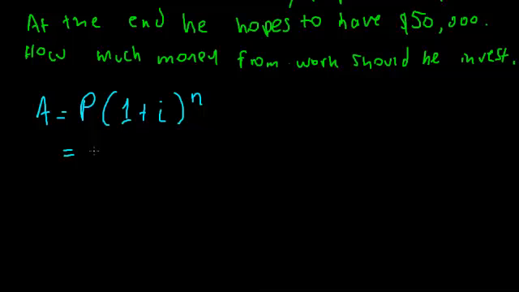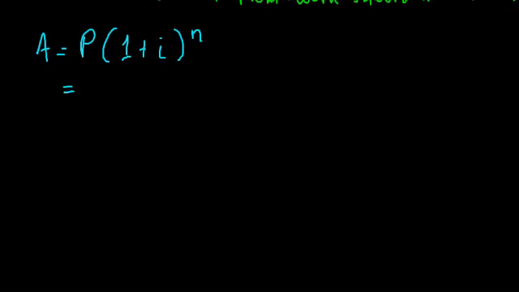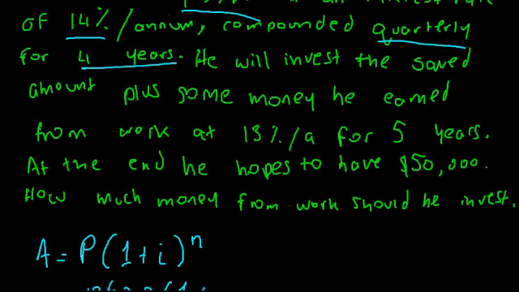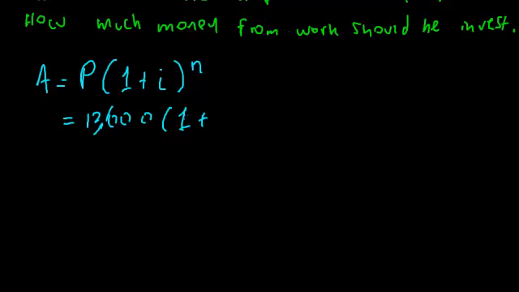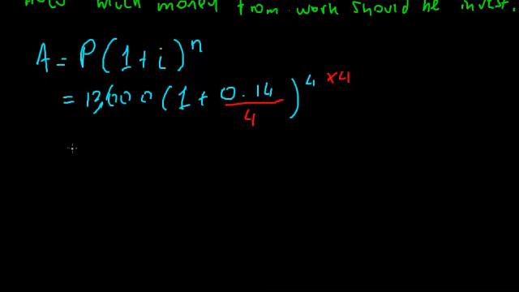So this is equal to the originally invested 13,600 into 1 plus the interest rate, which is 14%, but this is compounded quarterly, so you would divide this by 4, and this is for 4 years, but you multiply by 4 because it's 4 compounding periods. And so this is equal to $23,582.21.